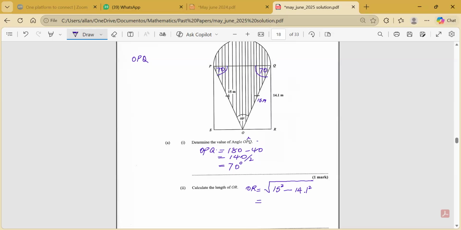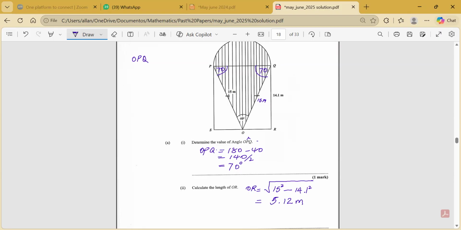If you want, on your calculator you could put square root, open bracket, 15 squared minus 14 squared, close bracket, and it will give you the answer one time. Try it on a calculator. Nobody should be buying calculators now. You should have your calculator for Tuesday, people. If you don't have a calculator, I'll put it in the parent chat.